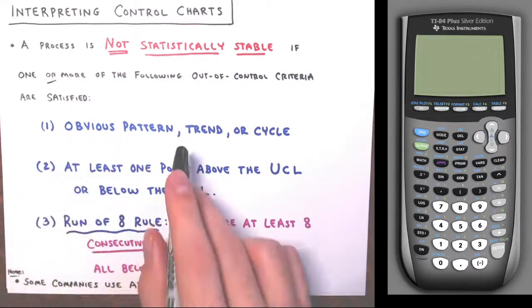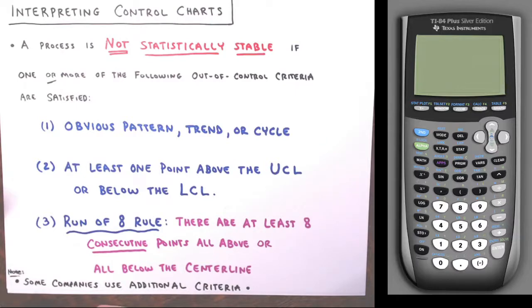One, when you make your little line chart, if you notice an obvious pattern or some obvious trend or obvious cycle in the data, that kind of thing doesn't happen naturally, not if it were truly a statistically stable system.